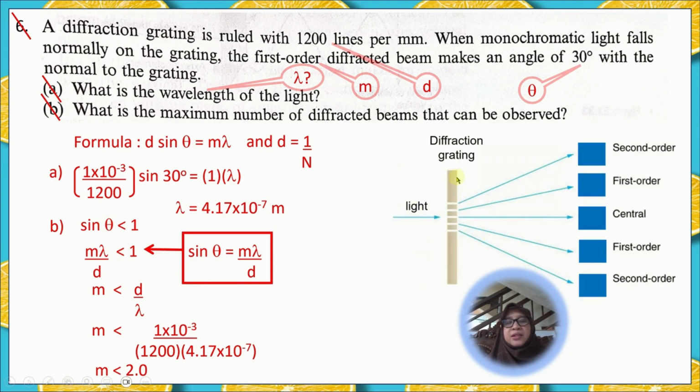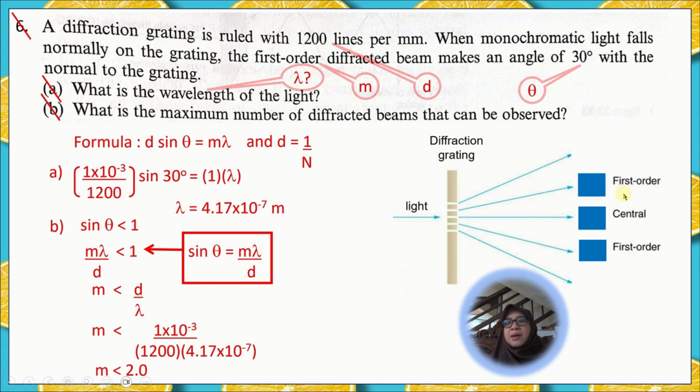So this is the diagram to imagine. This light cannot make angle theta of 90 degrees because it cannot reach the screen here. So therefore m must be less than 2, which is m equals 1, first order. So the second, third and fourth are not possible. The light cannot reach the screen.